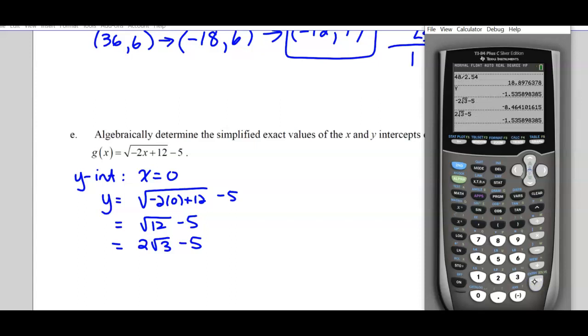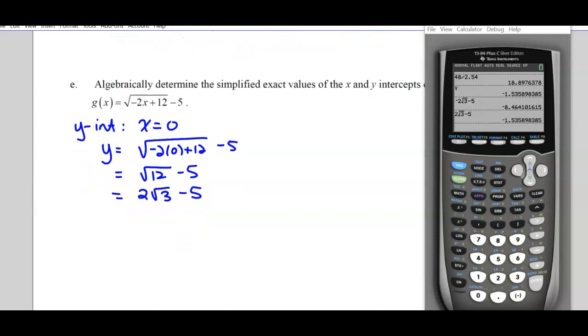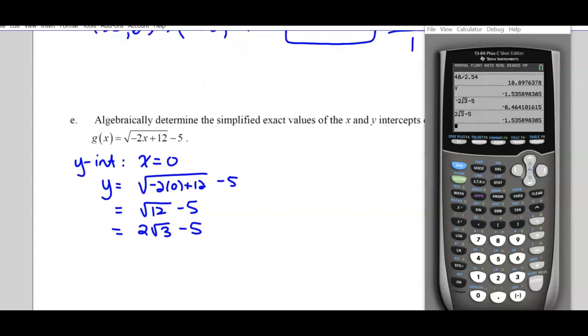Wait, there's a delete key? Oh, I've been rewriting equations for like, okay. Wait, what? Big box steps. Delete.